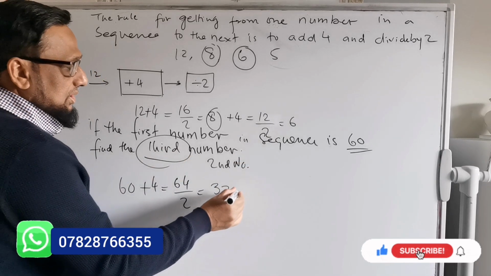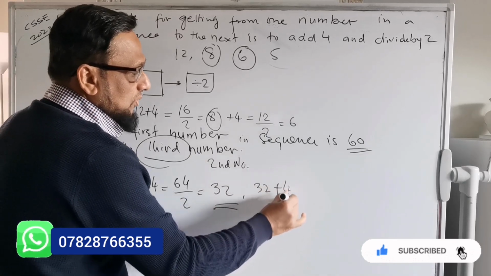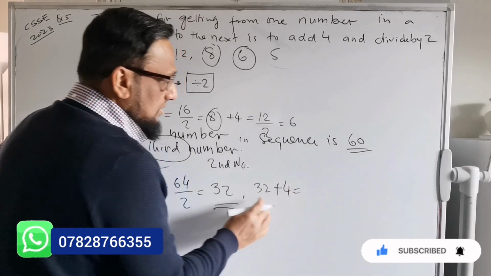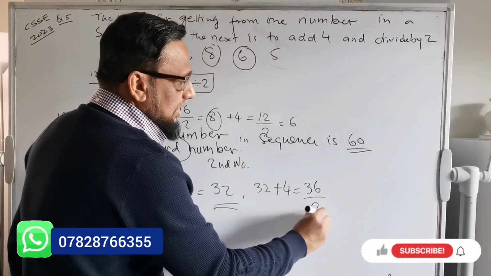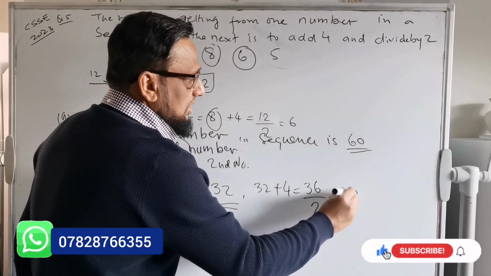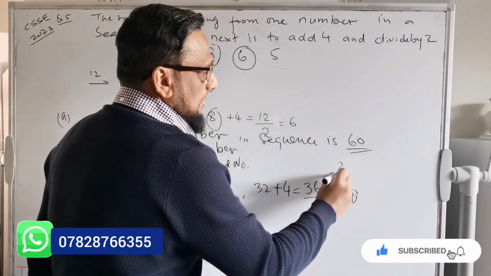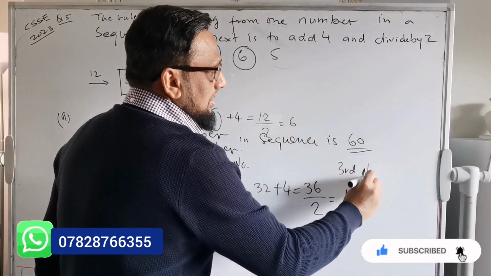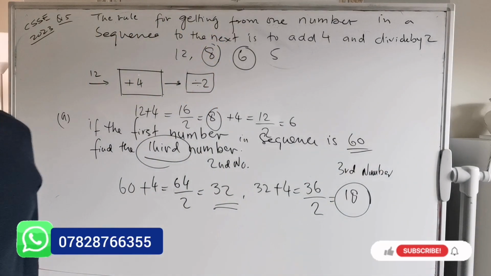So 32 plus 4 equals 36, divided by 2 equals 18. So this is our third number. The answer is 18.